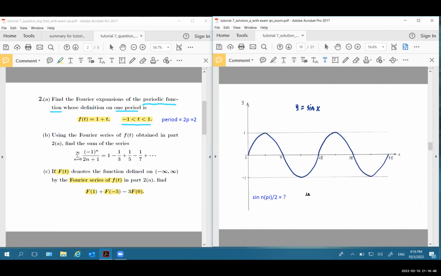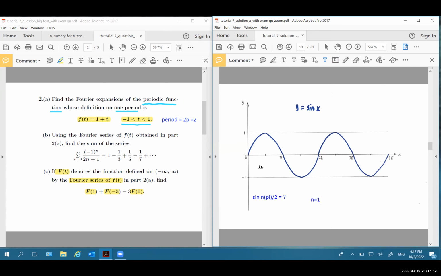From here you can see, when n is 1, what is sine n pi over 2? That means sine pi over 2.